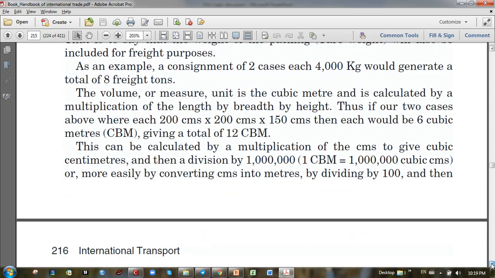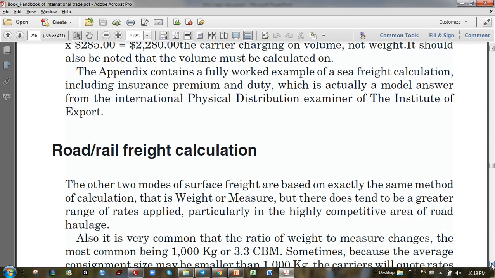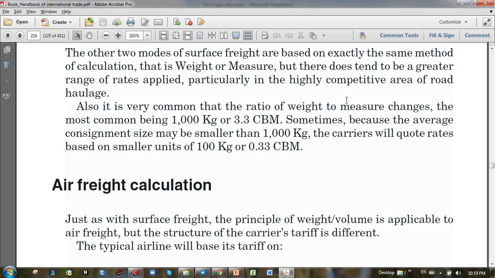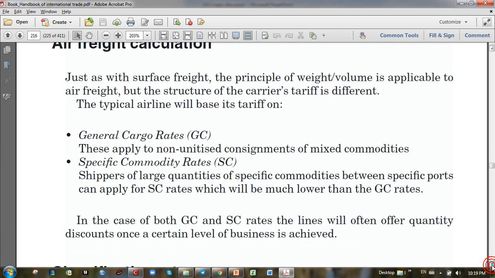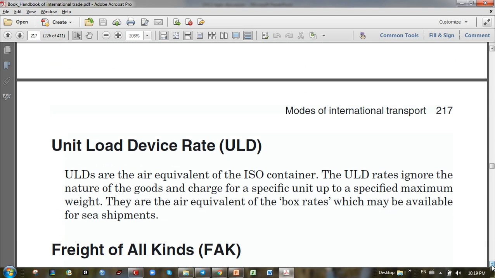A little bit of detail here in terms of calculation. There are road and rail freight calculation. This is short, but you can find other sources for more detailed examples. Air freight calculation: classification rates, ULD unit load device rate, FAK freight all kinds.